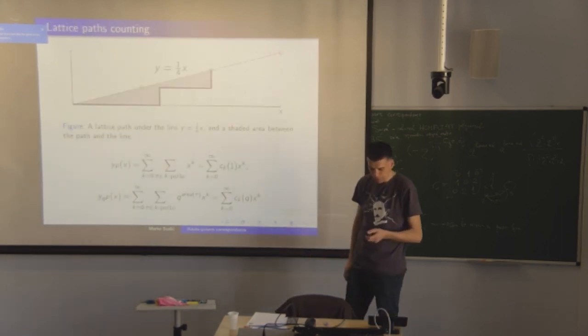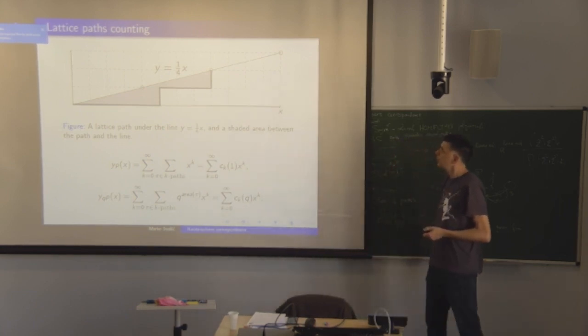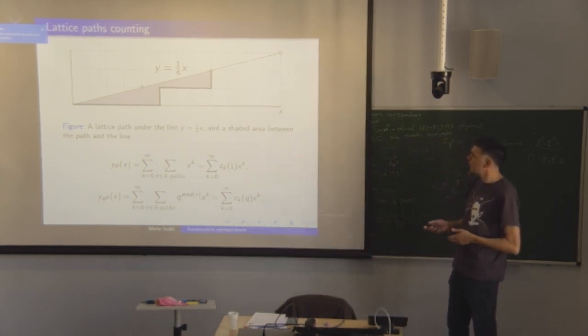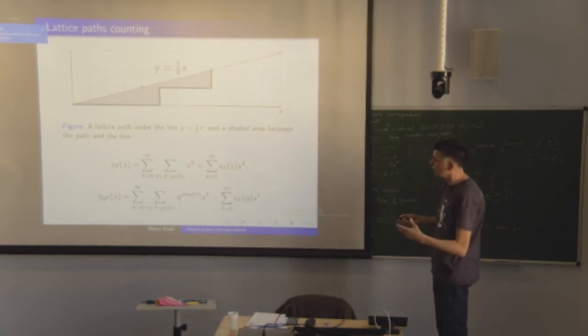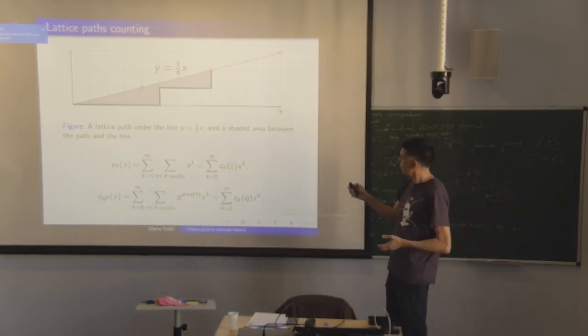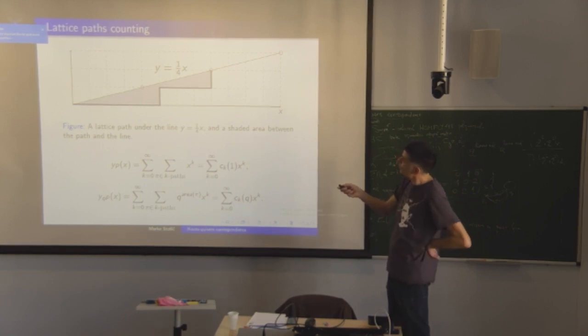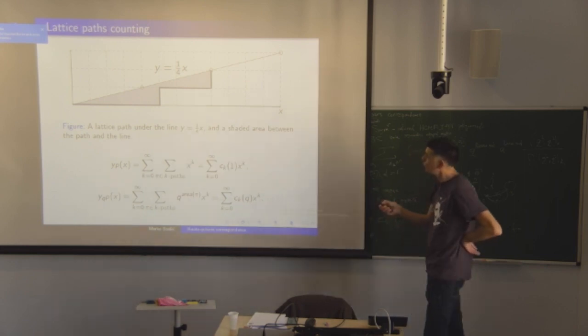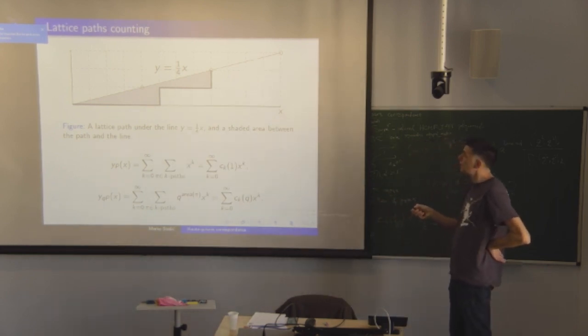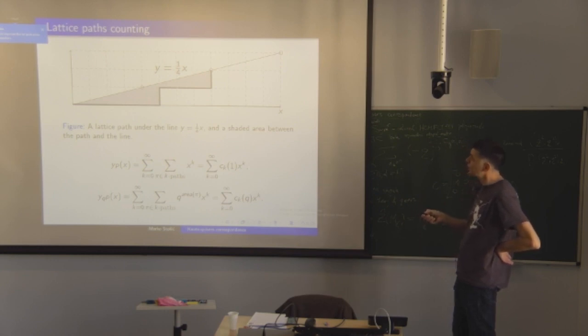Okay, it has to do with this counting of paths. Maybe for whoever hasn't seen this, a priori it has nothing to do with knots. It is the question of counting paths. We have some critical line, in this case with slope 1/4, and we want to count lattice paths in the usual way, so paths which go at each step either to the right or up, and count how many of them go from here to, say, the second point.